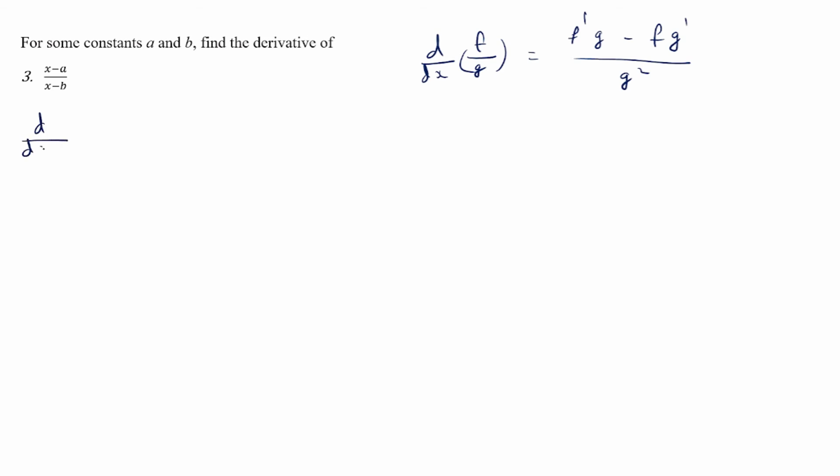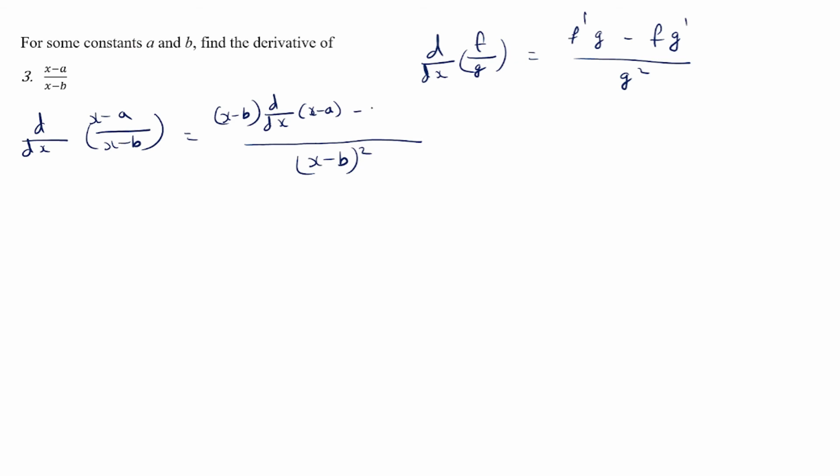So d by dx of x minus a upon x minus b, it is equal to, here we have x minus b the whole square and then keep the denominator, differentiate the numerator, minus keep the numerator, differentiate the denominator.